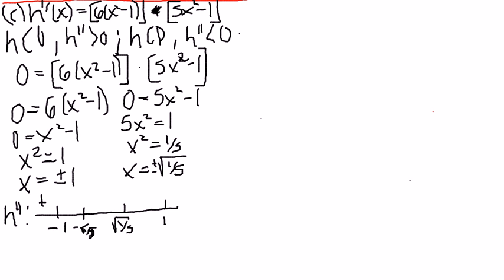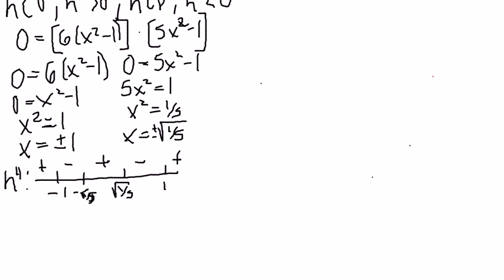When we plug in a -0.5, we get a negative. If we plug in 0, we get a positive. If we plug in 0.5, we'll get a negative. And if we plug in a 2, we'll get a positive. So we can see that we go positive to negative, max, which will help with part B. You can see a min, max, min.